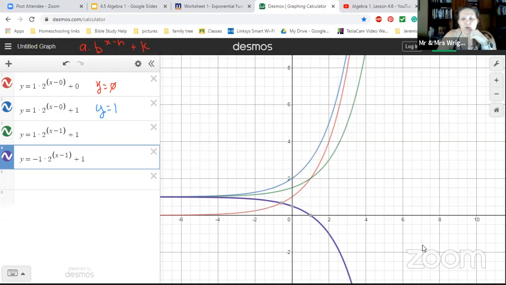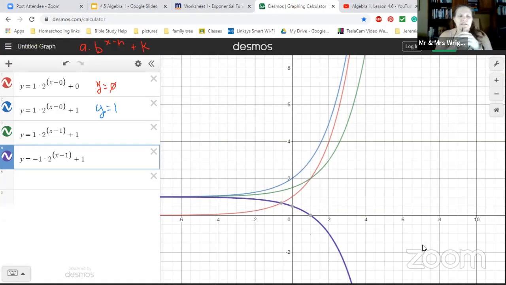It flipped over the y equals 1 line, the asymptote, okay? So those are different ways. You start with the original and then you make each of the adjustments that you need to make. You flip it, you stretch it, you shift it, you do all the things.